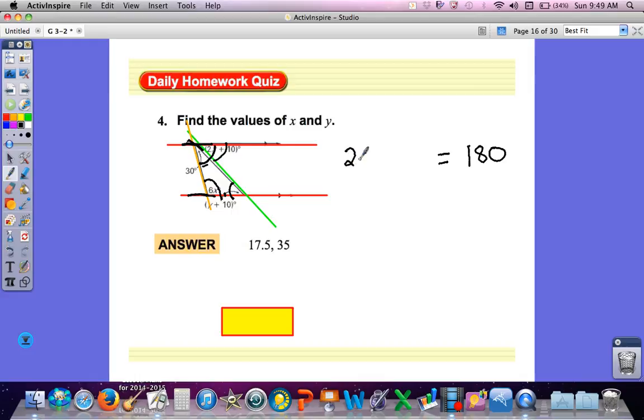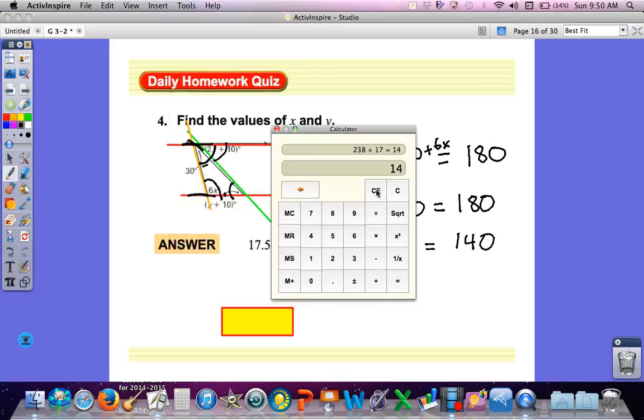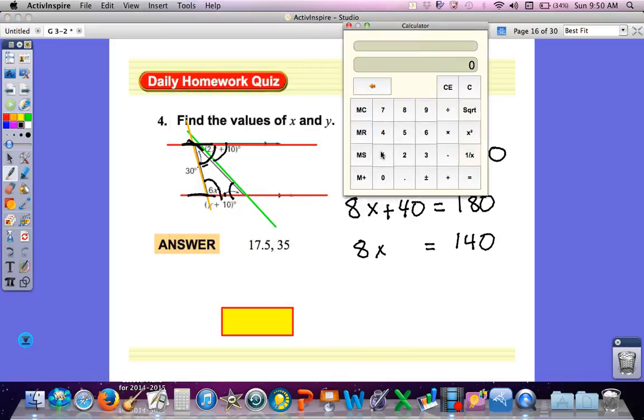So 2x plus 10 plus 30 plus 6x is going to equal 180. So 2x plus 6x is 8x, 10 plus 30 is 40, equals 180. So 8x equals 140. I subtracted 40 from both sides. Got my calculator here so that I can do 140 divided by 8 is 17.5. So x is 17.5.